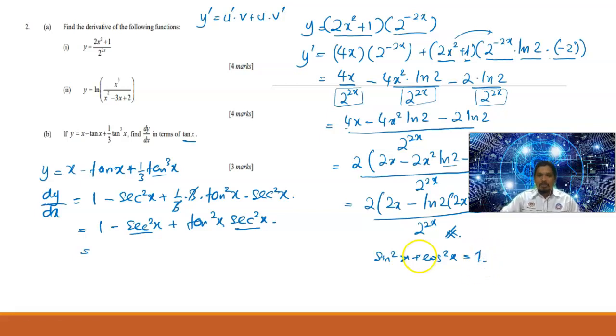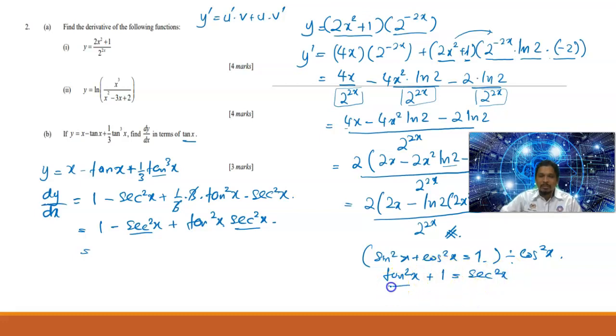So divide by sine square, sine square divided by sine square equal to 1. Oh no, it's not divided by sine. We're going to divide by cos. Everything divided by cos square x. So sine square divided by cos square equal to tangent square x. Cos square divided by cos square equal to 1. 1 over cos square equal to secant square x.